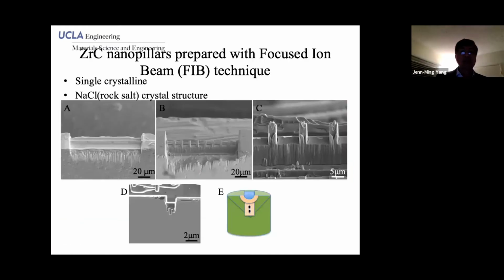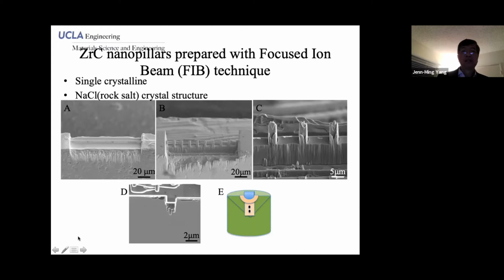And here is a schematic flow of how we prepare a zirconium carbide nano pillar using focused ion beam techniques. We start from a single crystal wafer and go through multiple stages of milling. Finally, we are able to obtain pillars with different diameters ranging from about 100 nanometers up to several microns if we want to use them for in-situ SEM microcompression tests.